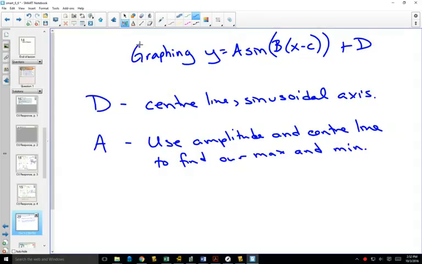So in the example we did before, in the very last one where there was a -3, we had -3 as our d value and a half for our amplitude. And we could use that to find out that it went up to -2.5 and down to -3.5. So we can easily find our maximum and minimum using our center line and our amplitude.